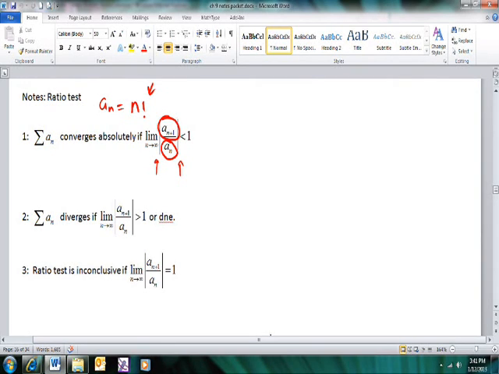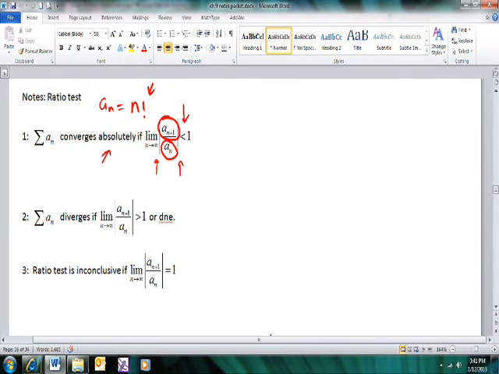If it's an alternating series, you generally want to use the alternating series test to begin with. But since it has the absolute value bars, this really only tells us that it converges absolutely if that limit's less than 1. Now you notice it's not equal to 1. So if the ratio of the next term to the term before it is smaller than 1, it converges absolutely.